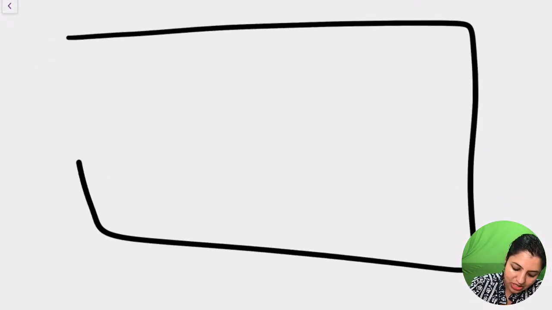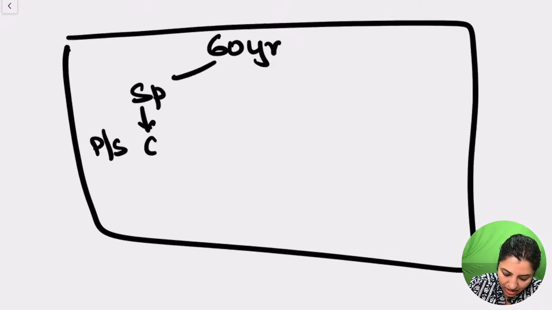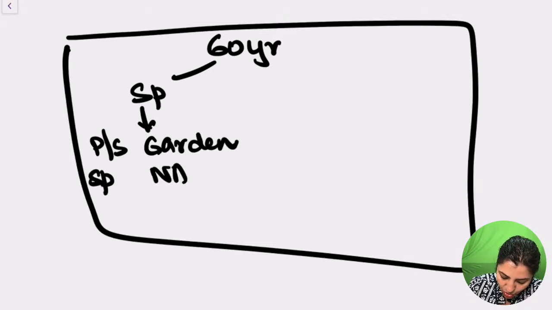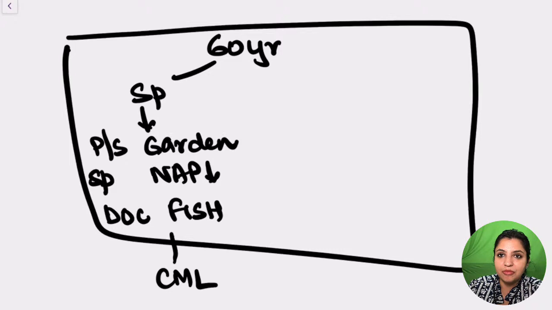So just to revise, a recap of chronic leukemias: a 60-year-old male presenting with splenomegaly, on the peripheral smear garden party appearance, on the special stain NAP is low, and the diagnosis of choice is FISH. This is nothing but a case of CML. Let's look at the other spectrum.